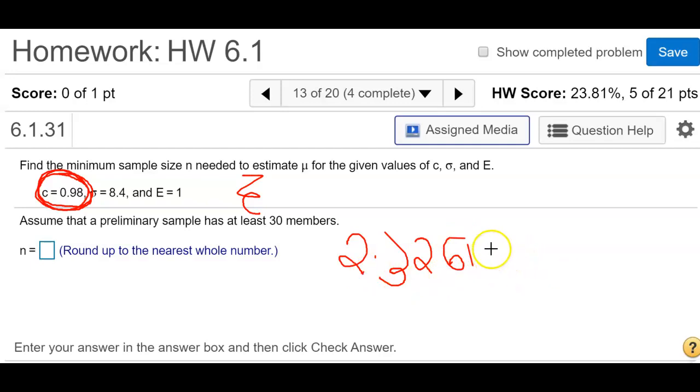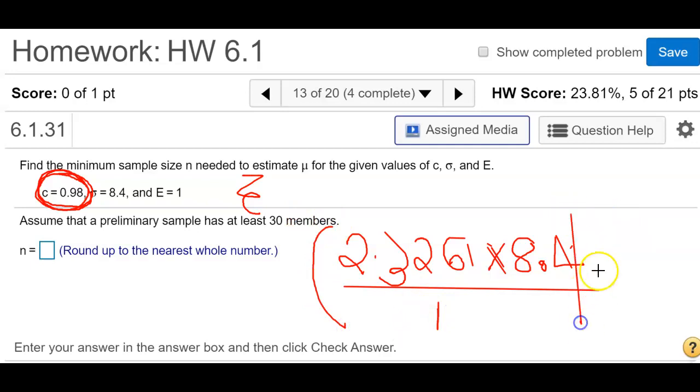I'm just going to leave it as 2.3263 times what is my standard deviation? 8.4. I hope you wrote down the formula because I'm not going to write it again. Over 1. And remember, I'm squaring everything.